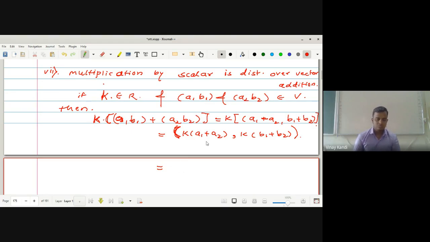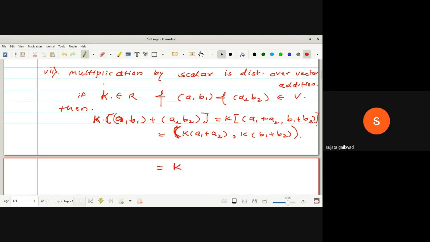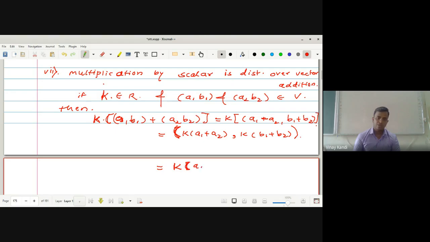This is k into a1 plus a2 into a1 b1 plus k into a2 b2. Here the multiplication by the scalar is distributive over the vector addition.